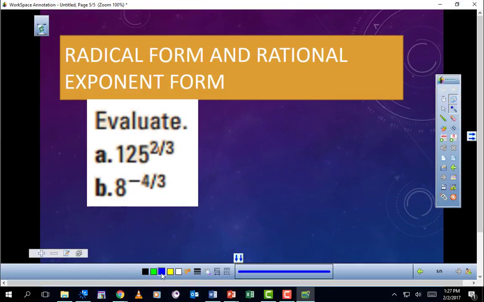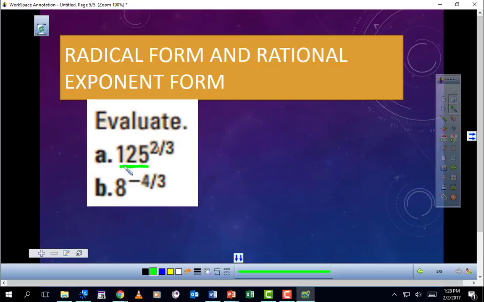Okay, so I need to pick a color that's going to work here. All right, so when we see these problems here, we want to evaluate. The basic idea is to take this base and rewrite it so that it cancels off the denominator of the exponent. The way it cancels off is by looking for a cubed number. So can you think of a number?